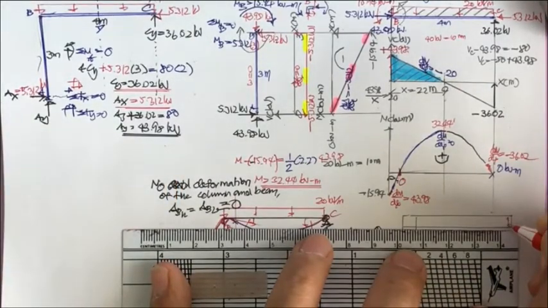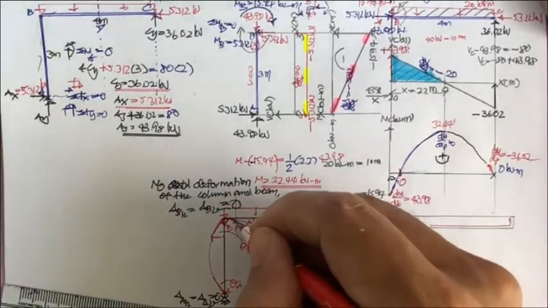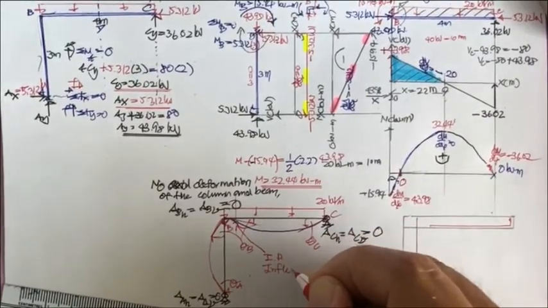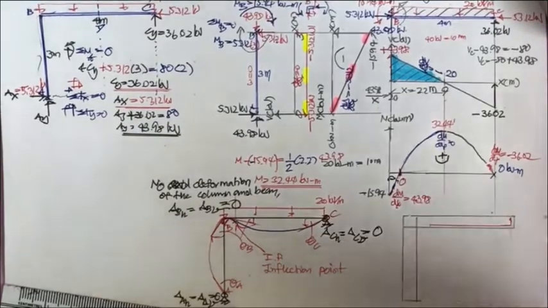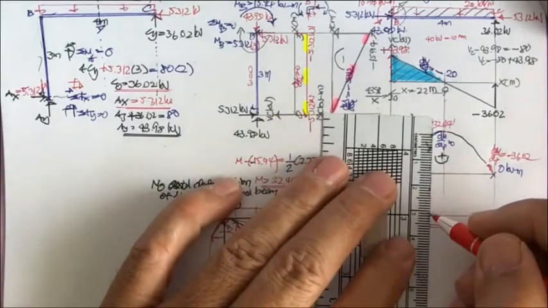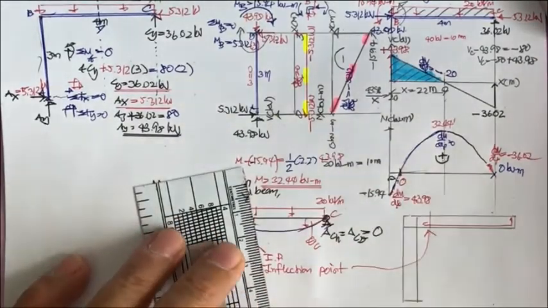You may put this one up into this, which is going to be the IP, or inflection point. Okay, and let's say this one. This is also the same thing. And this one is going to be put on the top.